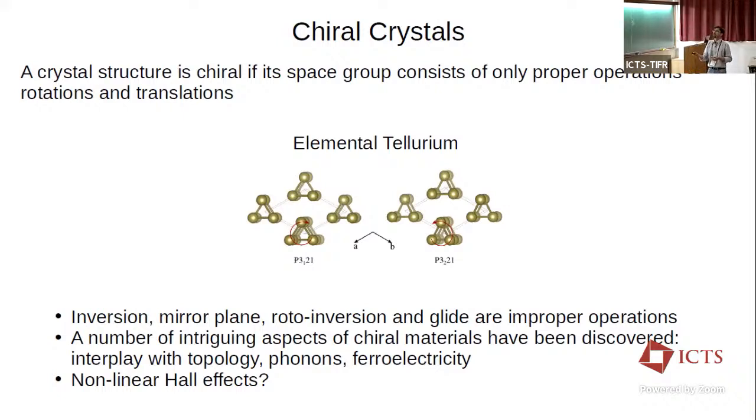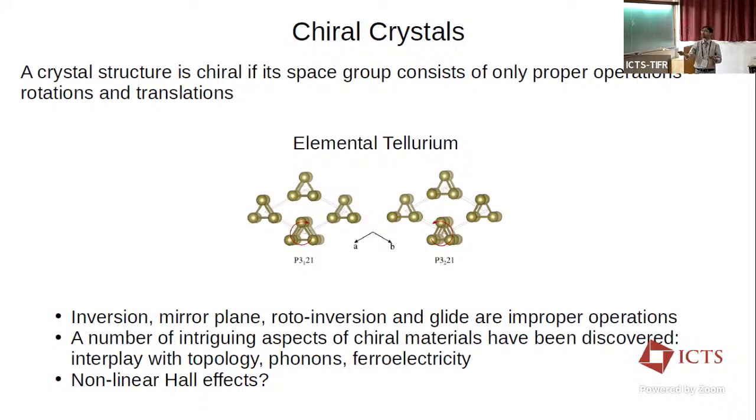One of the hydrogen atoms of chiral systems is that of elemental tellurium, where if you imagine these chains of tellurium going into the plane, they go one way for one enantiomorph and the other way for the other enantiomorph. As I said, other operations like inversion, mirror plane, roto-inversion or glide are all improper operations, so they cannot be symmetries of a chiral crystal.